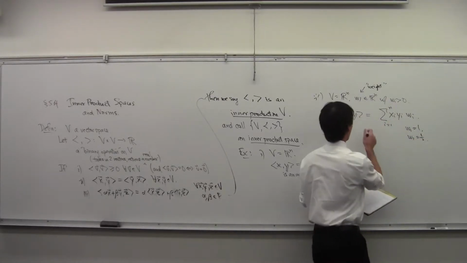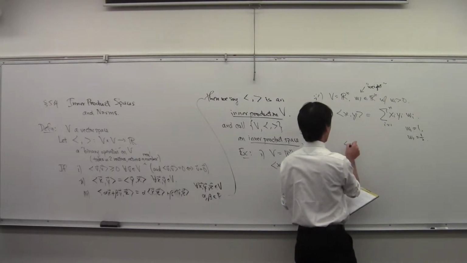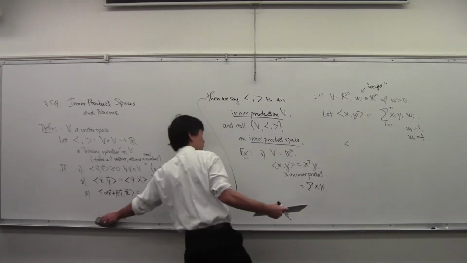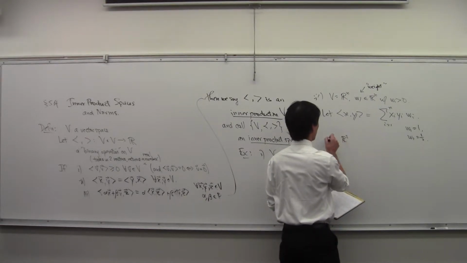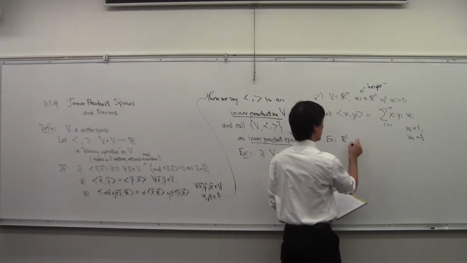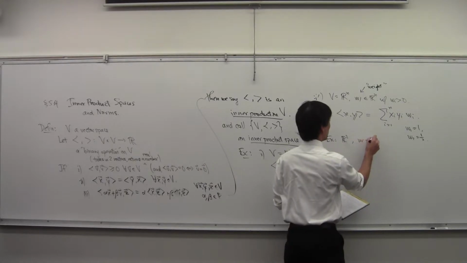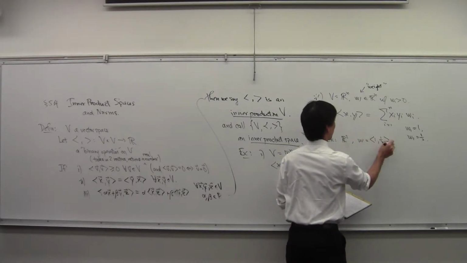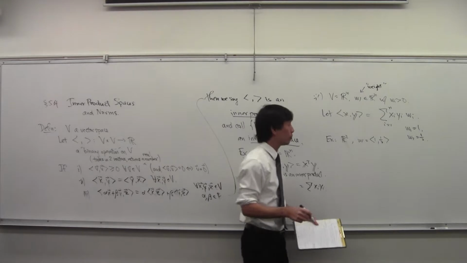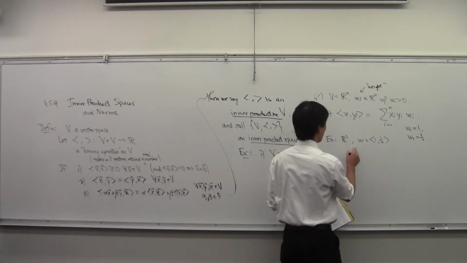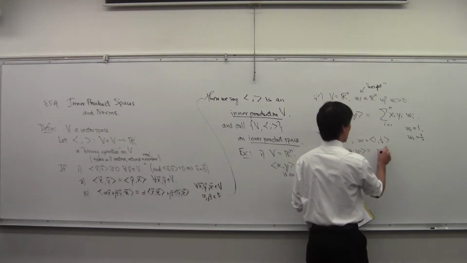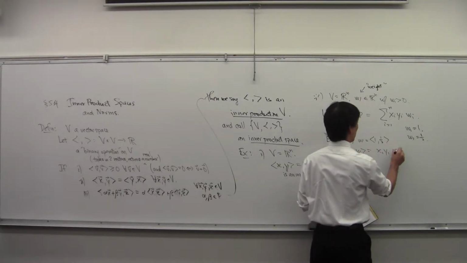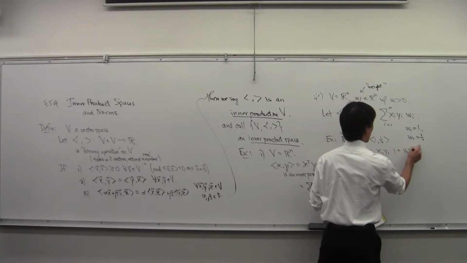Suppose we're in R2, and our vector W is (1, 1/2). Then if you took x against y, it would give you x1, y1 times 1 plus x2, y2 times a half.